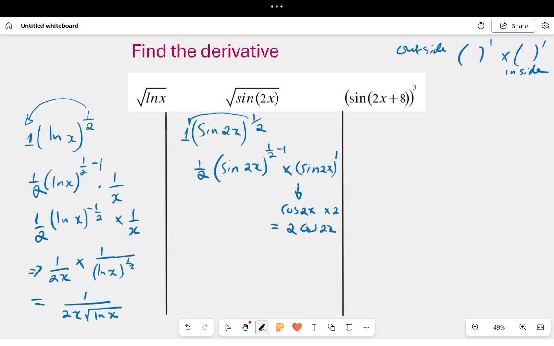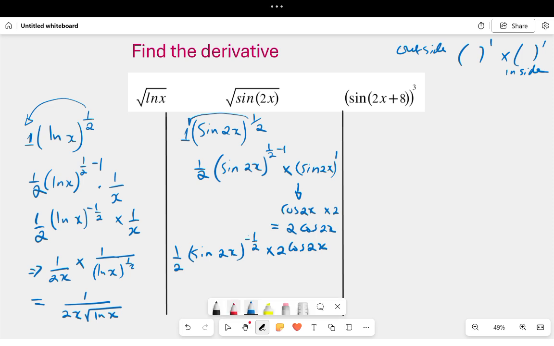Now going back to the whole equation, it's going to be 1 over 2 sine 2x raised to the power negative a half. And then you multiply by 2 cosine 2x.